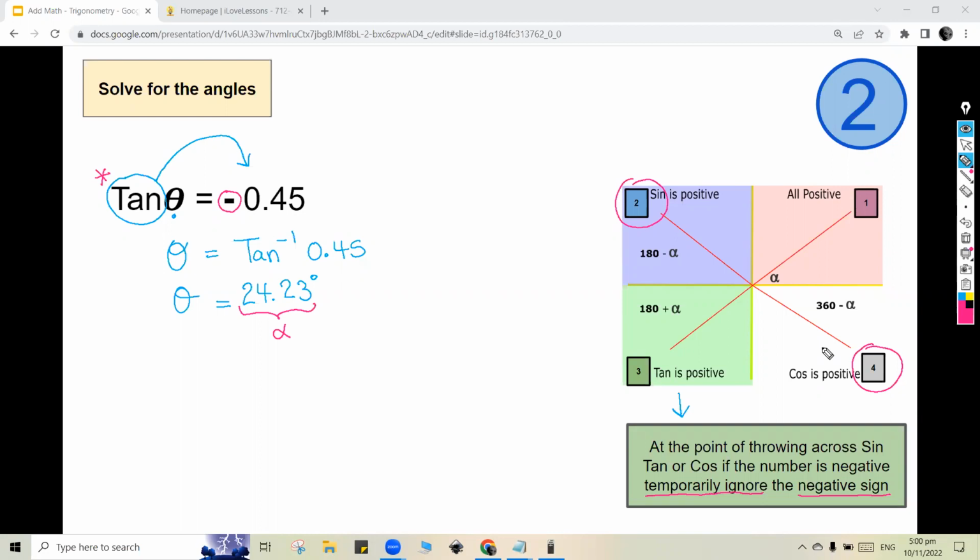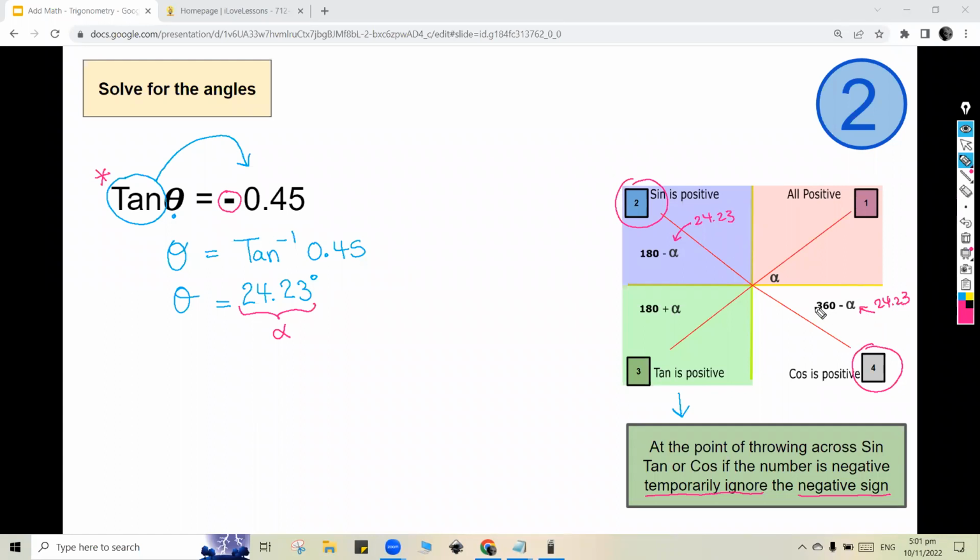Right, okay, so some people said it was just a typo. All right, so do you think you could get the two answers for me? We're using the formulas in the second and fourth region. Just replace alpha with how much here? 24.23. And replace this alpha with what? 24.23. So the first answer is 180 minus 24.23.